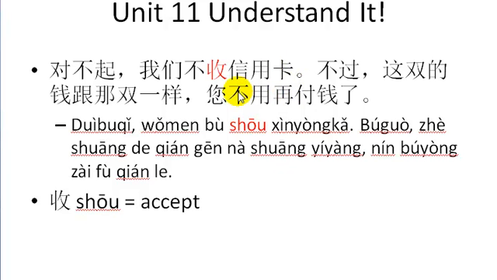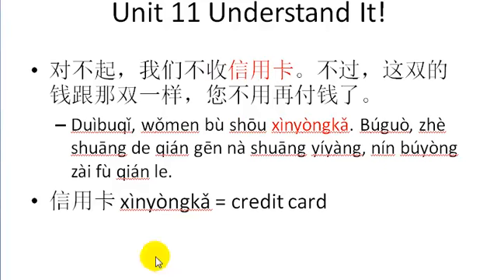Here you have 卡 again. So you have this 信用. 信用卡 is credit card. So 信用 is like a word for credit. And 卡 is the word for card. 信用卡。对不起，我们不收信用卡。Okay.